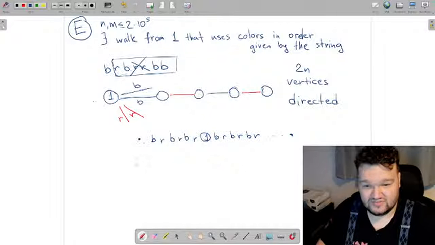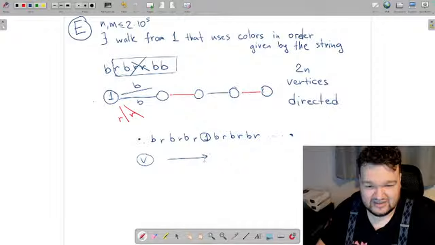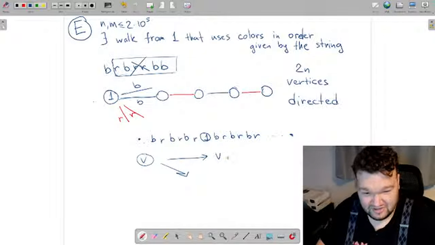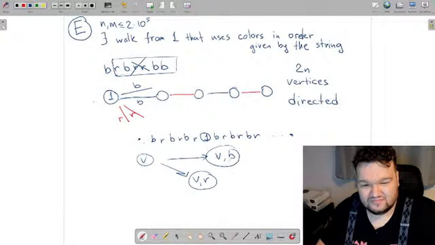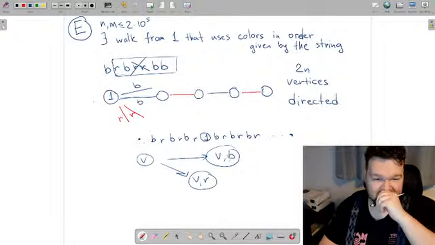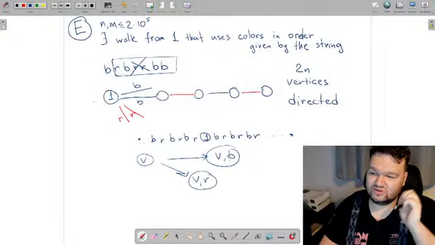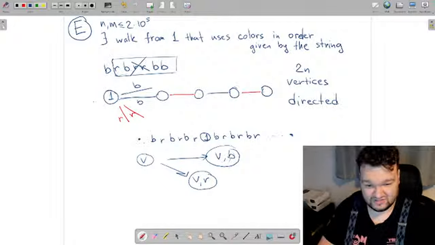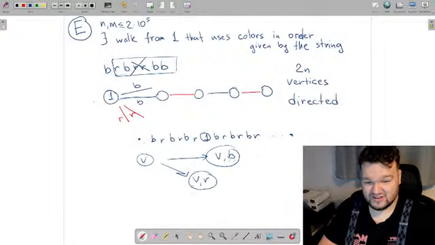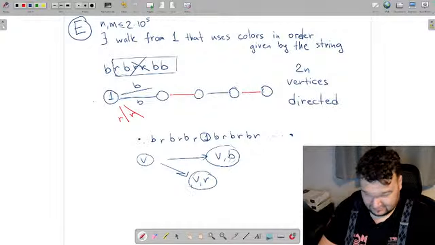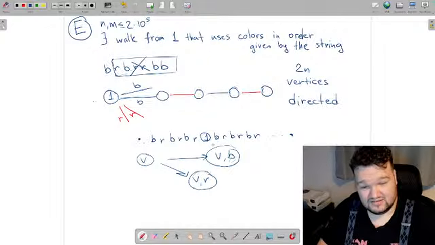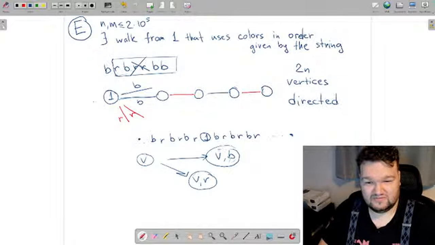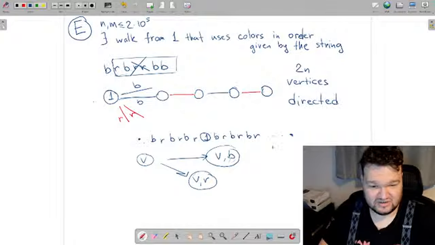So if we had vertex v, we will create basically v blue and v red. That will mean: I'm standing in vertex v and I want to use color blue next, and I'm standing in vertex v and I want to use color red next. So what are the edges in our graph?